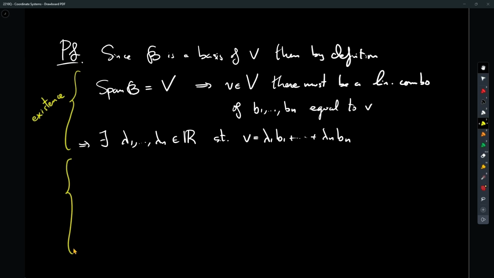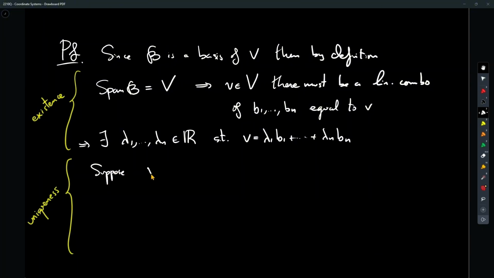and now we want to show the uniqueness of such an expression. That's the interesting part, that it gives me a unique expression. So suppose there are two expressions.